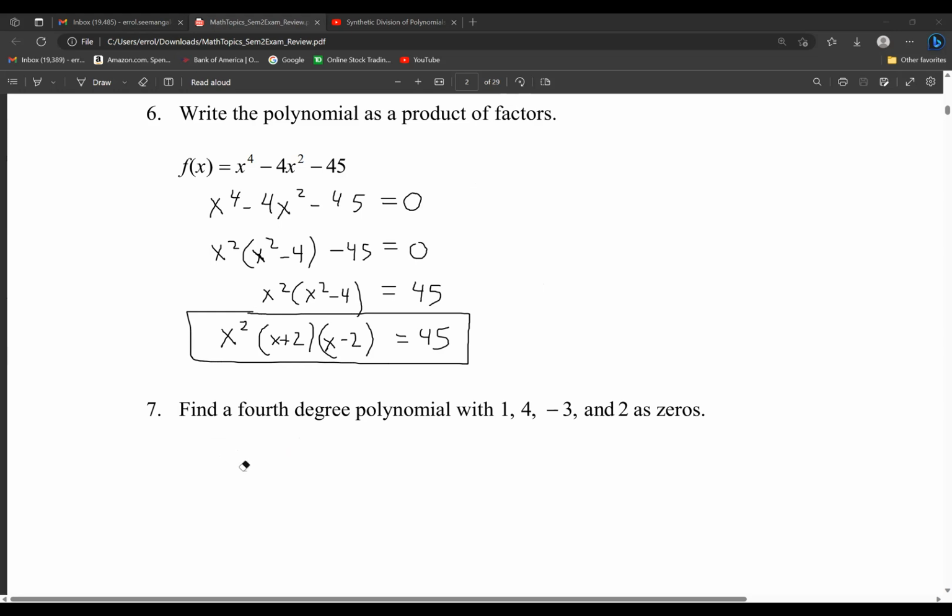Find the 4th degree polynomial with 1, 4, -3, and 2 as zeros. All right, what are the 4 brackets? 4 brackets would be x minus 1. Yep. X minus 4. What are these two?